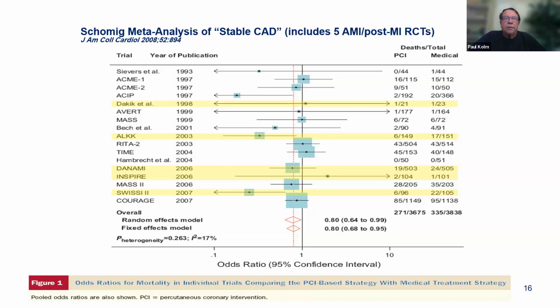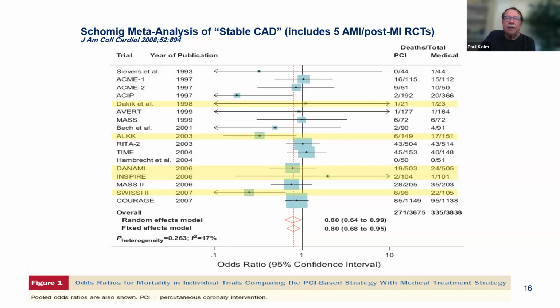The one, of course, that is far superior to the other studies, at least in terms of numbers, is the COURAGE study, where we had over 2,000 patients. In this case, they presented both random effects and fixed effects results. The point estimate of 0.8 is the same; what is different between random effects and fixed effects is the confidence interval.